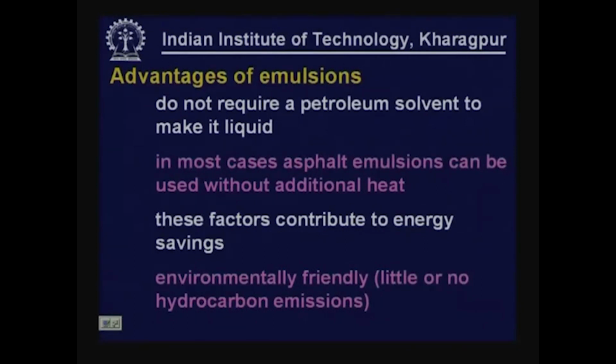These factors contribute to energy saving, because we do not have to use heat, we can save energy. Obviously, these are environmentally friendly, because little or no hydrocarbon emissions are there, because we are not heating bitumen, and there is no emission of solvents that we have in the case of cutback. So, there is little or no hydrocarbon emission.